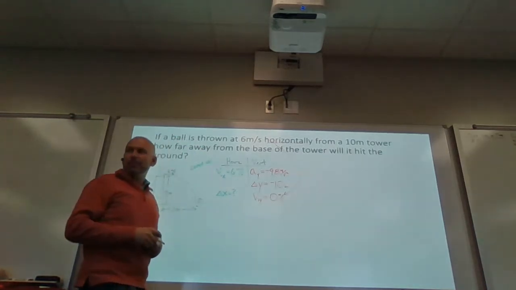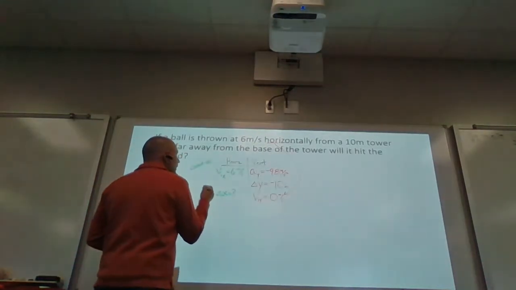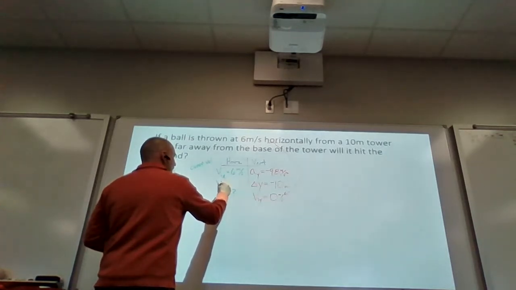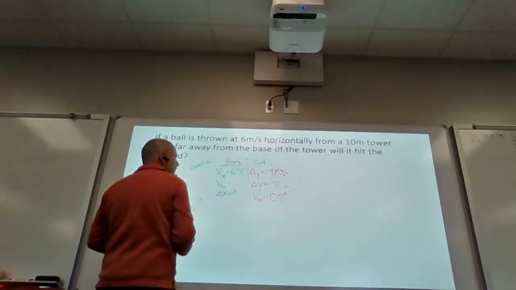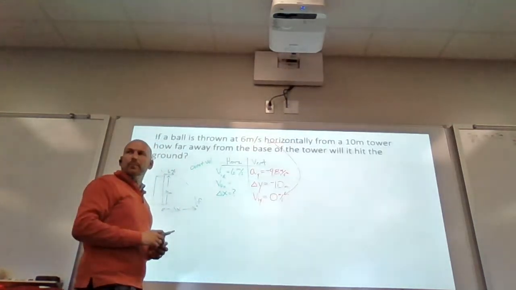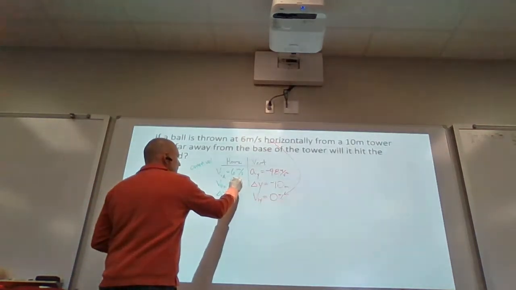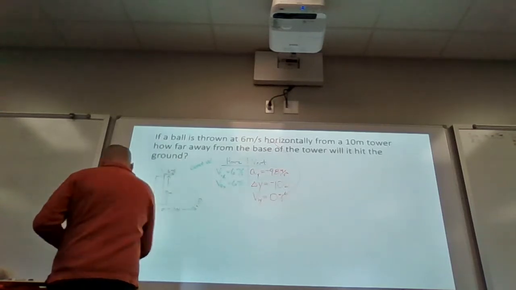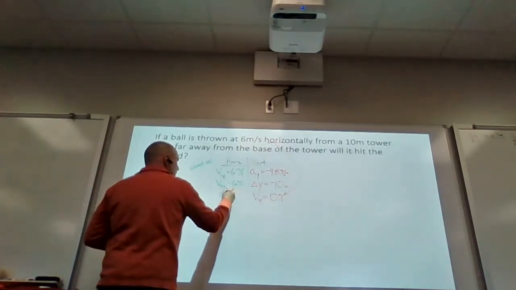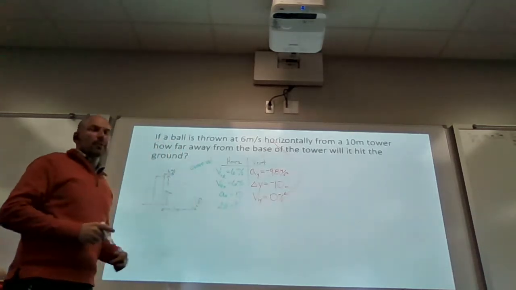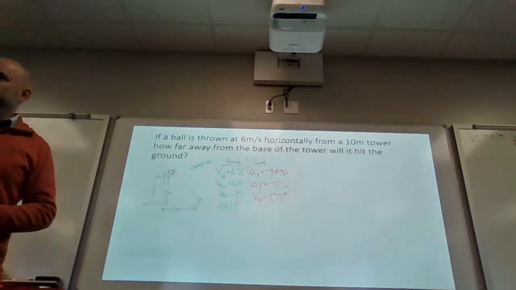There are no forces acting in the horizontal direction. Okay, so you could do this. So the final horizontal velocity would be what? 6 meters a second. And the acceleration is equal to what? 0. And we're looking for our horizontal displacement.